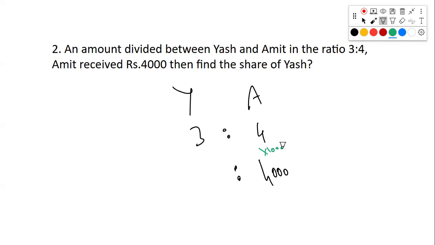And if I'm multiplying by 1,000, I should multiply both the terms. Please understand, not only one term, I should multiply both the terms. So this will be how much? 3,000. Different ways: if 4 is treated as 4,000, then 3 will be treated as what? 3,000.